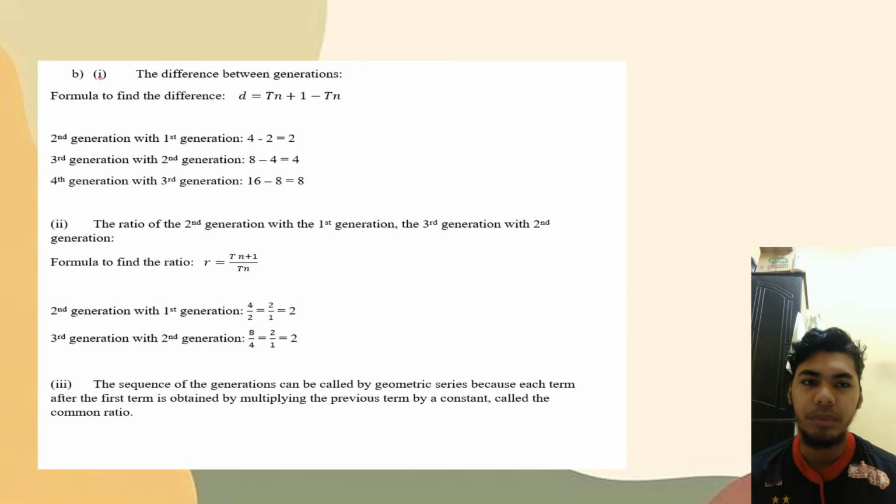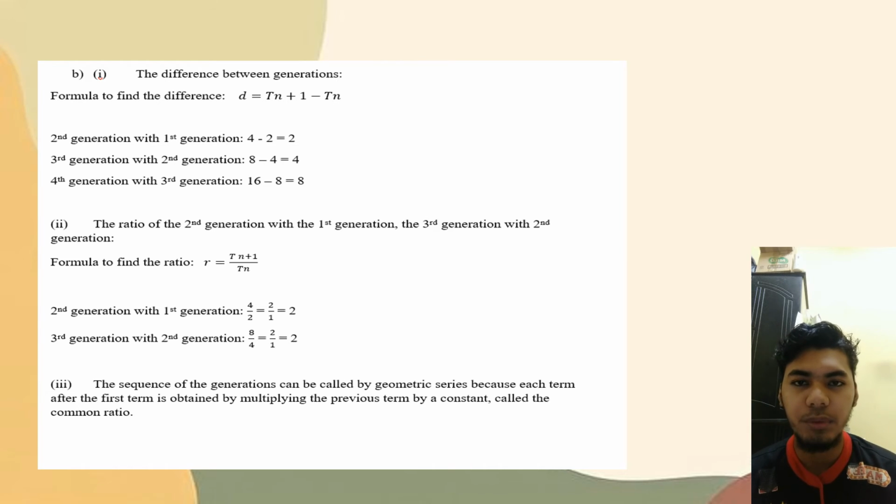For question B, the question asks me to find the difference between generations. So we have to use the difference formula, which is d equals Tn plus 1 minus Tn. So we start with the first generation.